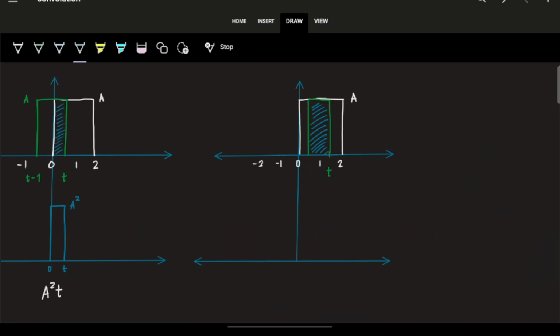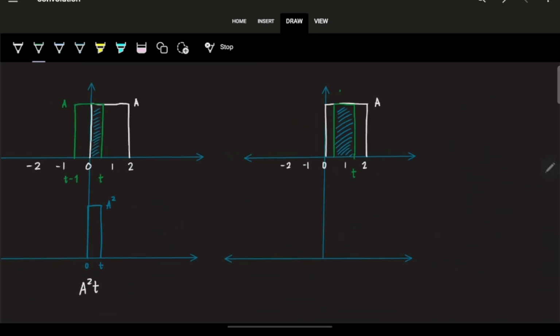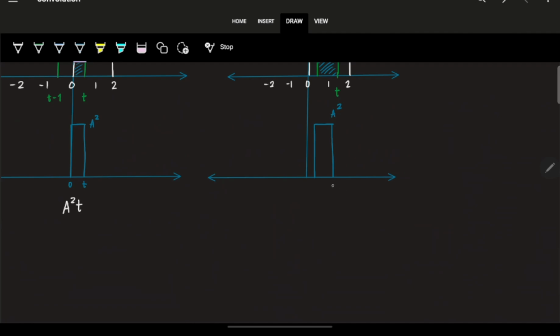Okay, din dito, we still have our a times a. So let's redraw the signal. Okay, so this is still a squared. However, our time values is now between t and t minus 1.